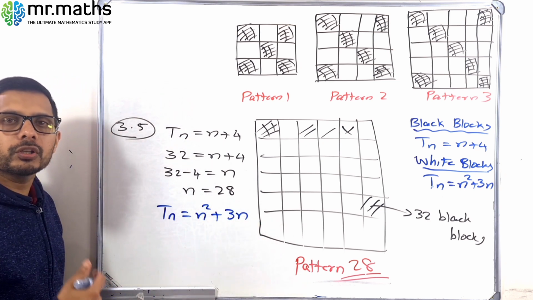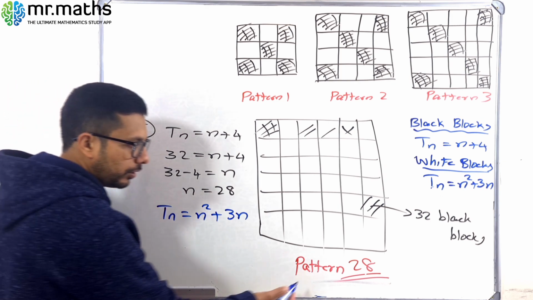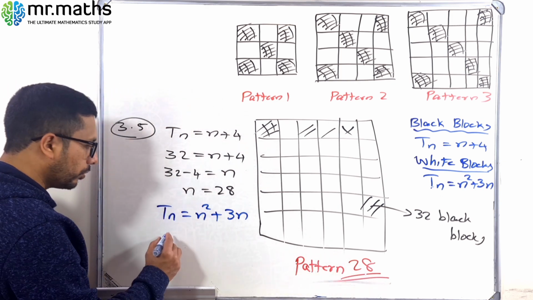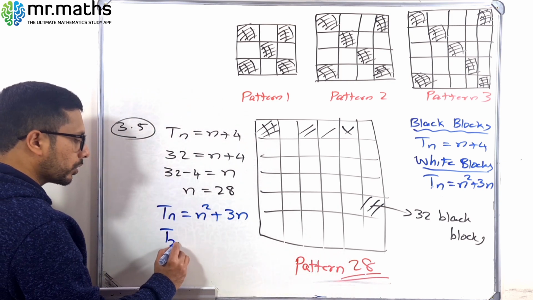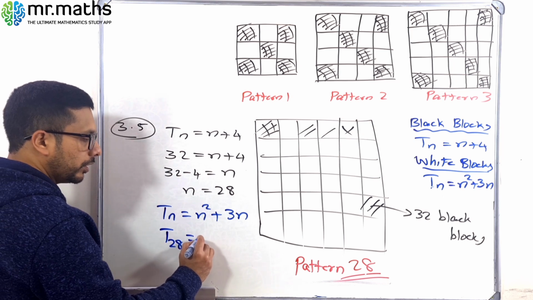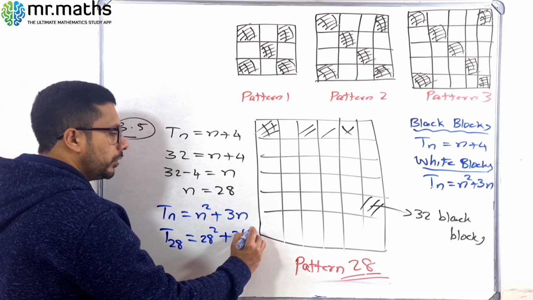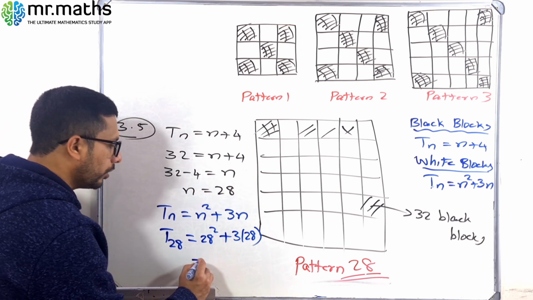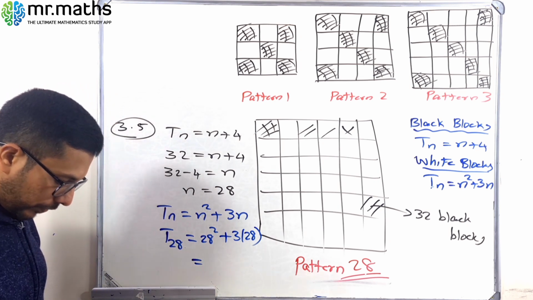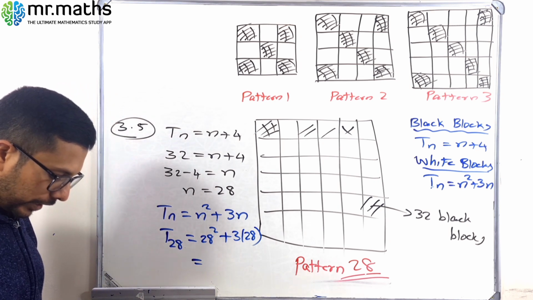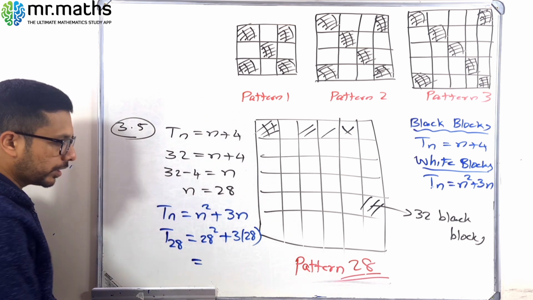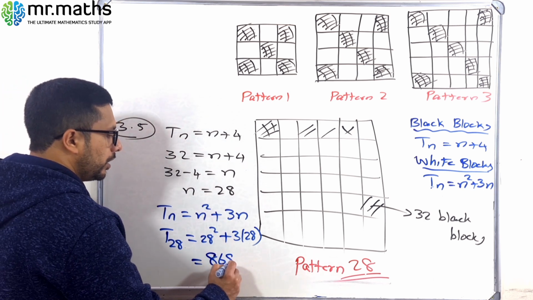Now we know the pattern number is 28. So how many white blocks are there? T28 is equal to 28 square plus 3 into 28. Check in your calculator what the answer is. 868.